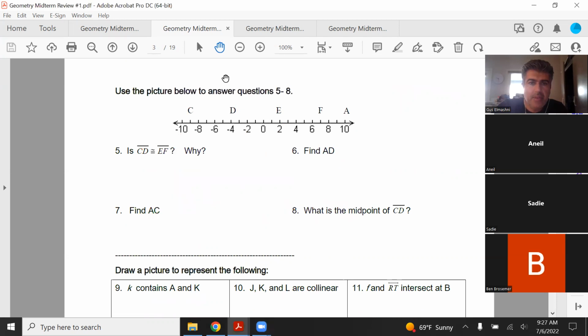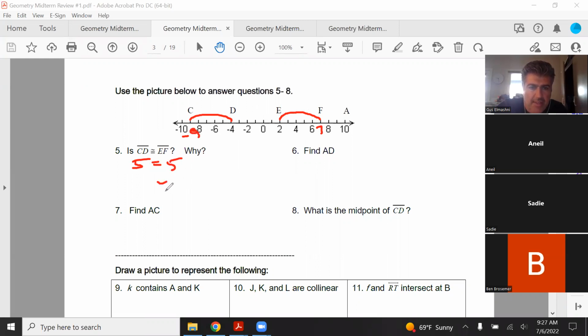Okay. Is CD equal to EF? I think D is right there, so I think that's going to be a length of 5. EF probably is also a length of 5 because it looks like that's at 7, and that's at -9 for C, I think.